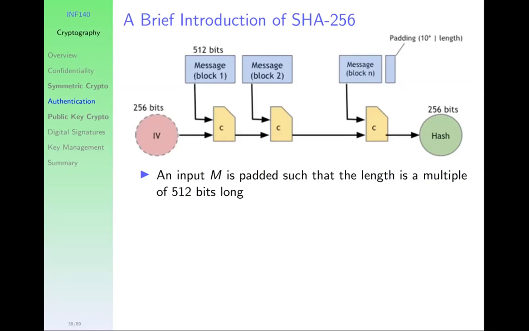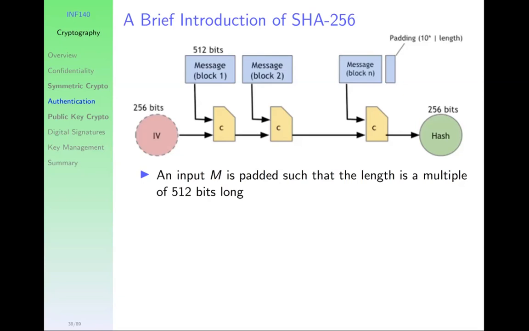And also for hash functions, you see, we only care about the last output. And for encryption, we need all the ciphertext for each block. So in fact, hash functions and block ciphers have some similarities in their structure, but their functionalities are quite different.